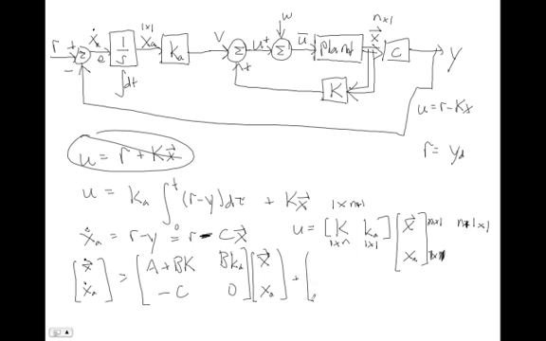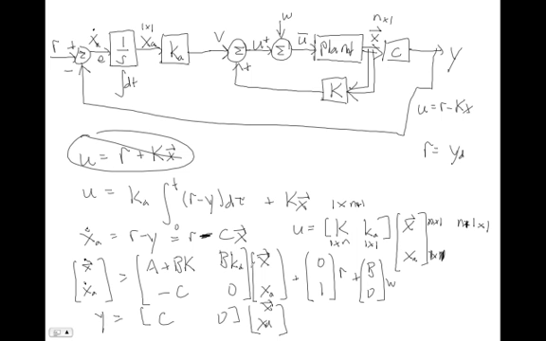And then we have 0, 1 times R, and we have a B, 0 times W. And then our Y is equal to our old C matrix, 0, times X and X sub A. So this is our new A matrix, and it's an n plus 1 by n plus 1 matrix. So we've just grown it by 1. And we have R and W coming through different effective B matrices into this new system.